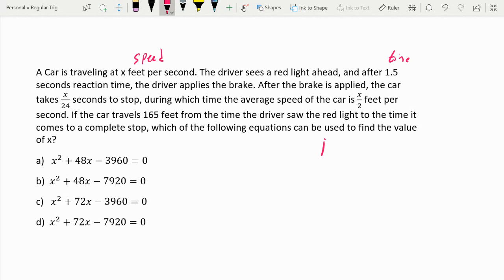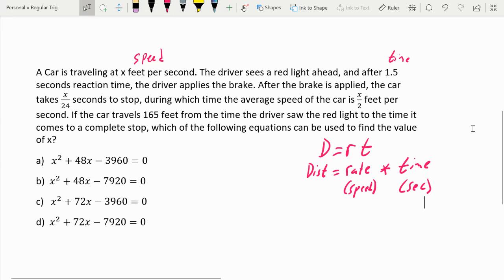I'm hoping that you remember the formula: distance is equal to rate times time. Rate is speed times time, and that's in seconds. We're going to be dealing with this formula a few times in this one problem.